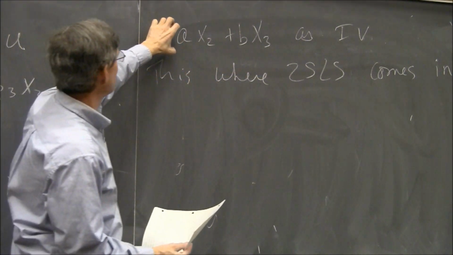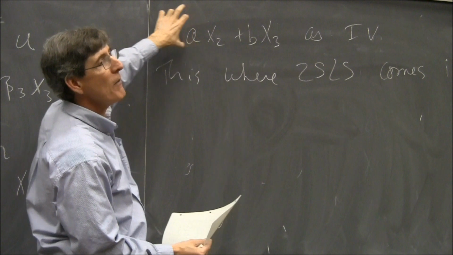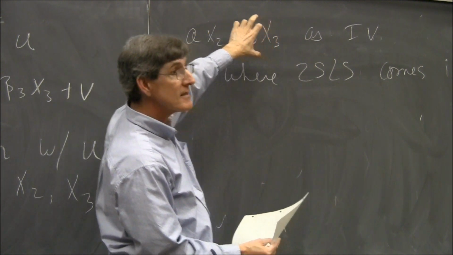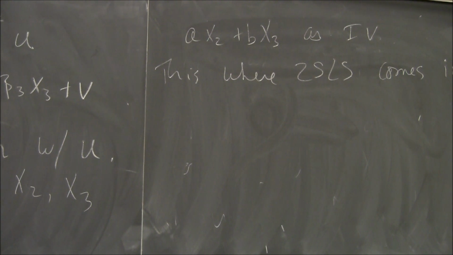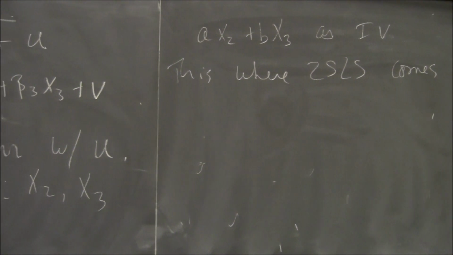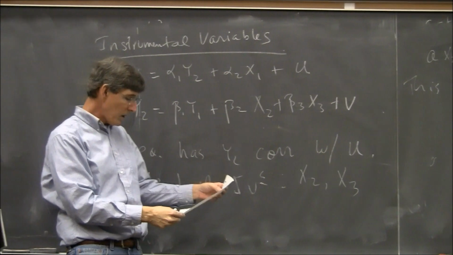So the first stage, we're going to get this linear combination of the two instruments. In the second stage, we'll estimate the model. So we'll find an instrument for this. The first stage is finding that instrument. The second stage is estimating by IV. The computer does all this automatically. Okay, so what's going on?